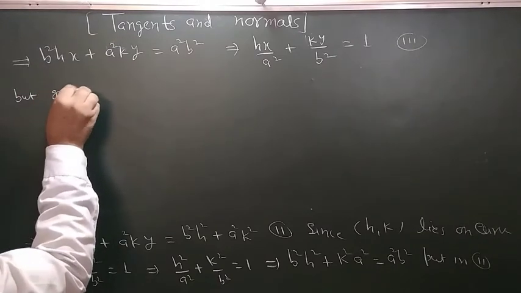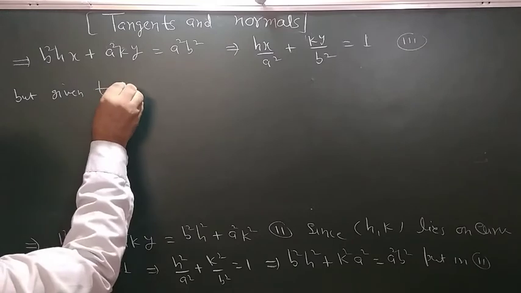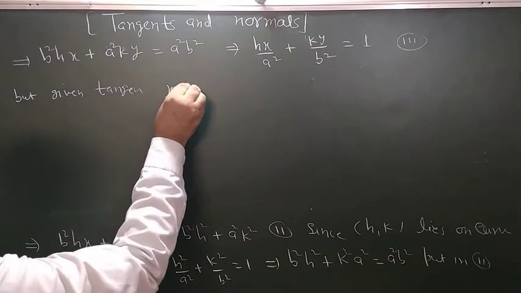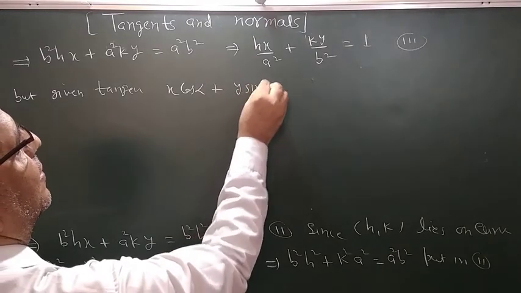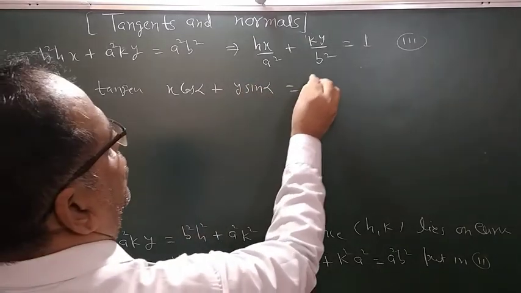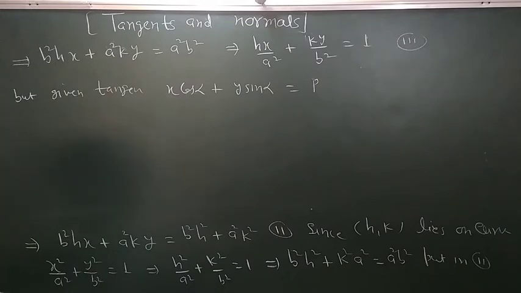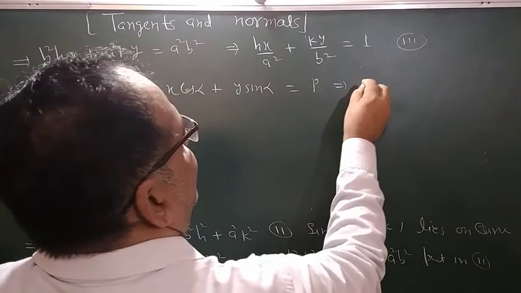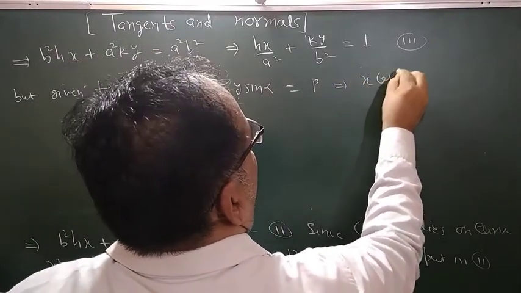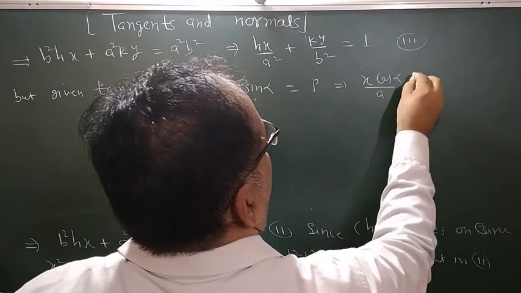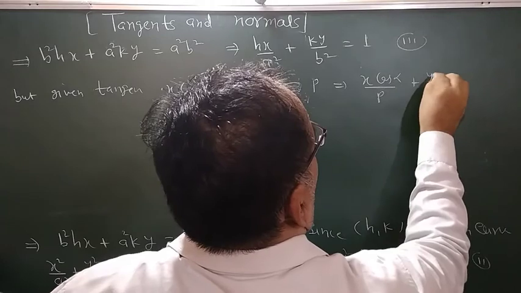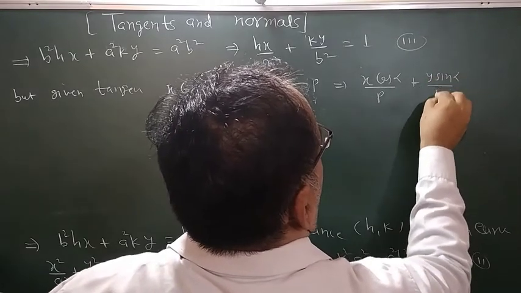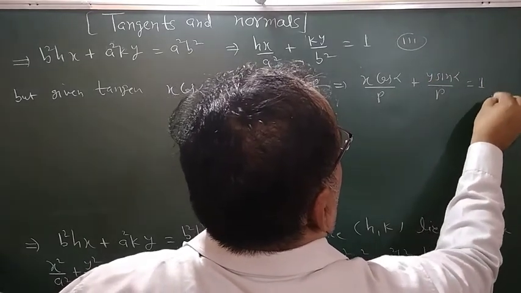But the given tangent is x cos alpha plus y sin alpha is equal to p. This can be written as x cos alpha upon p plus y sin alpha upon p equal to 1.